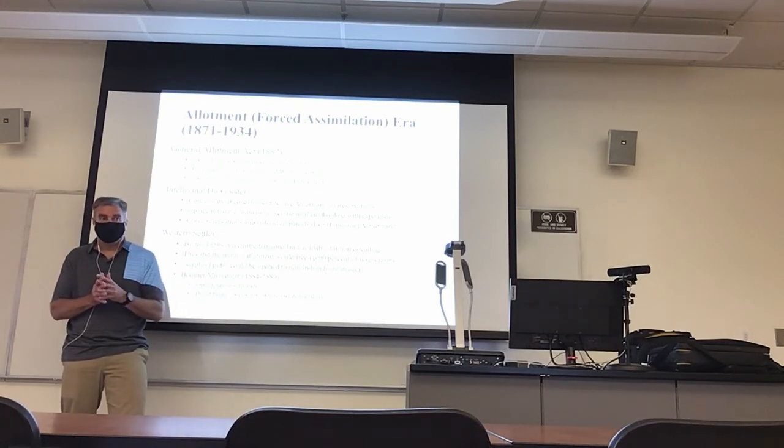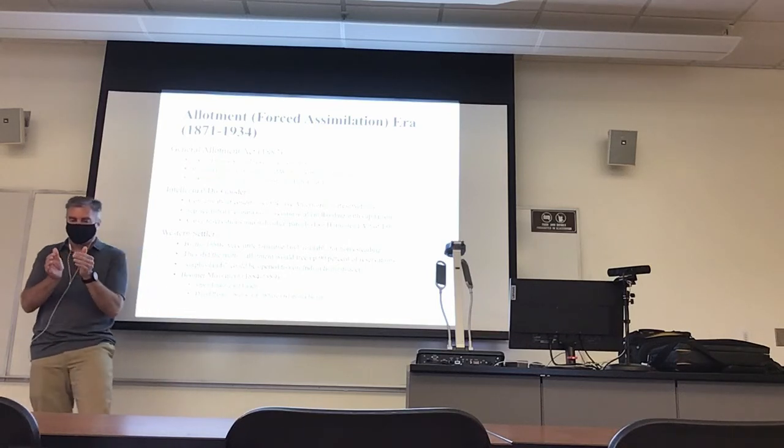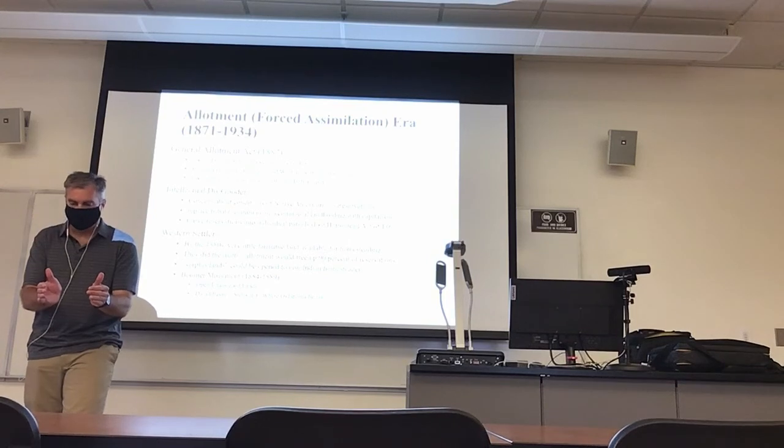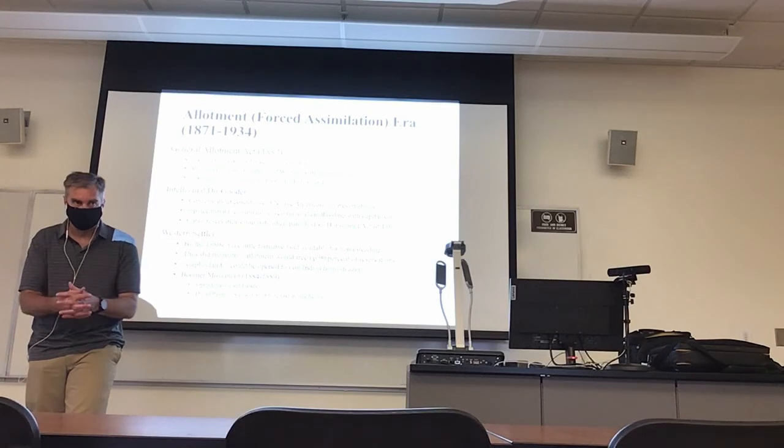So a 25-year trust period in which the federal government would hold the title and assign an allotment to an individual. That individual, after 25 years, could receive a fee title to the land.